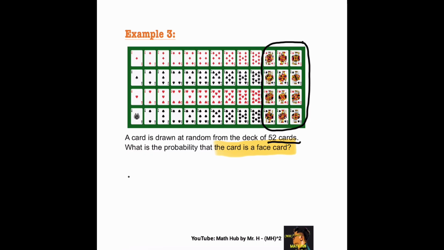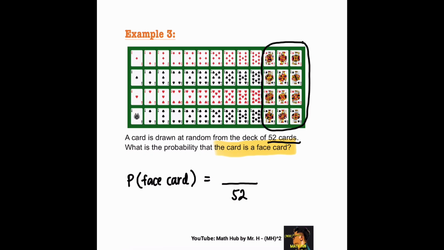So we say probability that it's a face card. The denominator of this fraction is 52 because there are a total of 52 cards. And to complete the answer, we need to find the number of favorable outcomes. So we need to count how many face cards are in the deck.